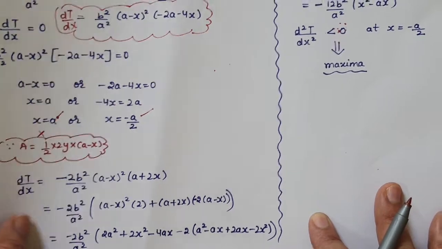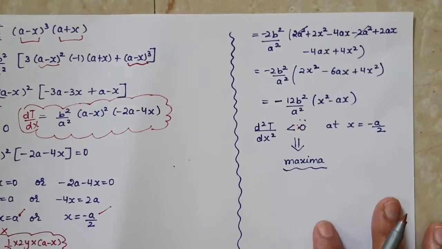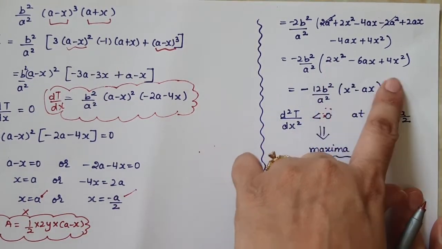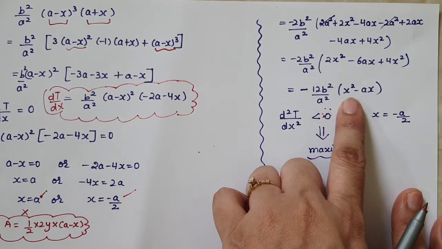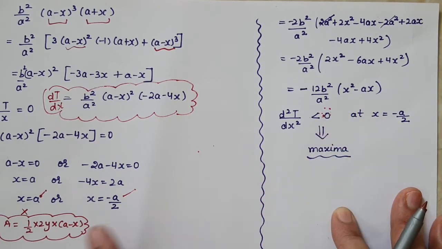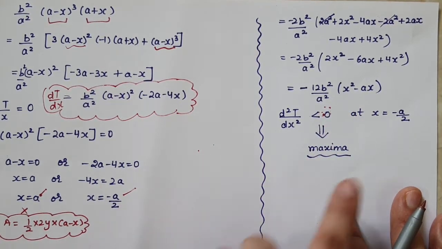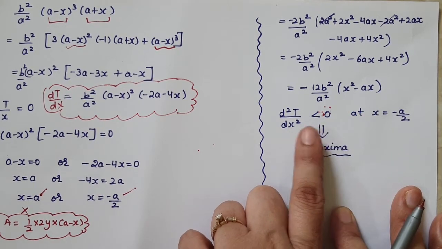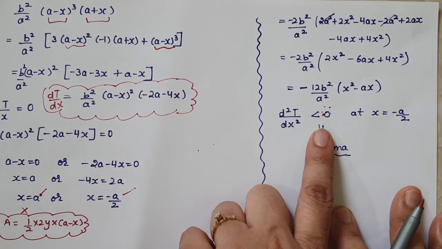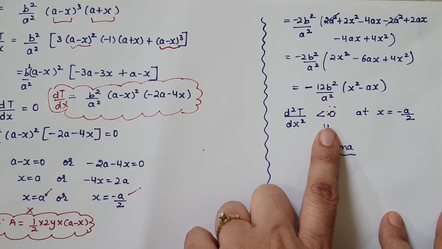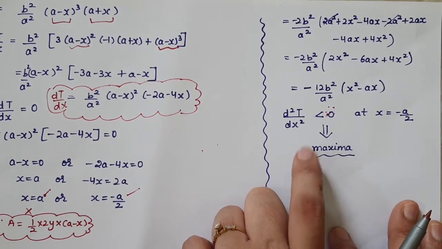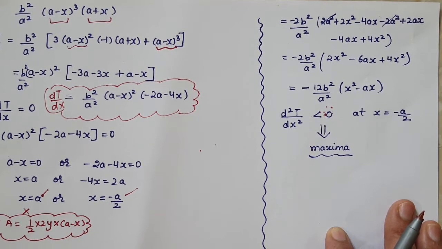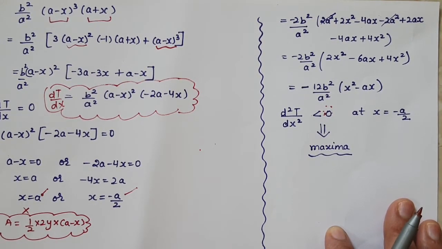Simplify it. After simplification, we'll just put x as minus a by 2. If you put x as minus a by 2, you can see the second order derivative sign is coming out to be negative, which means that your area is going to be maximum.